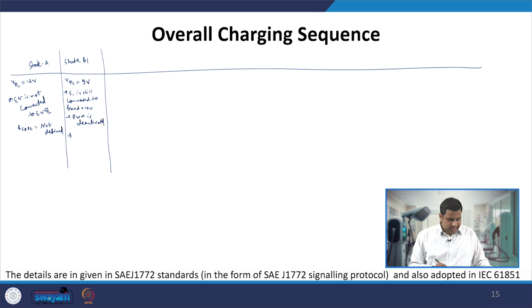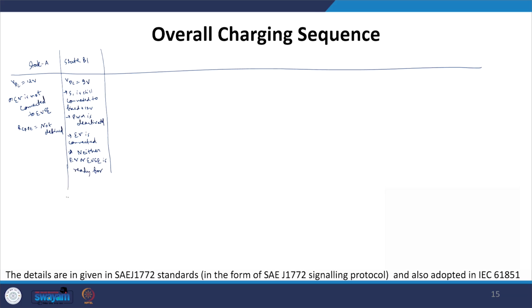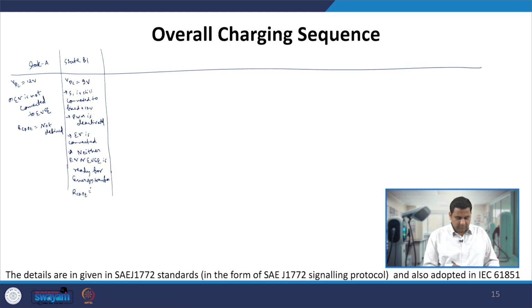So, it indicates that EV is connected, and we can say that neither EV nor EVSC is ready for energy transfer, and the resistance between CP and PE pin is nothing but 2740 ohm.